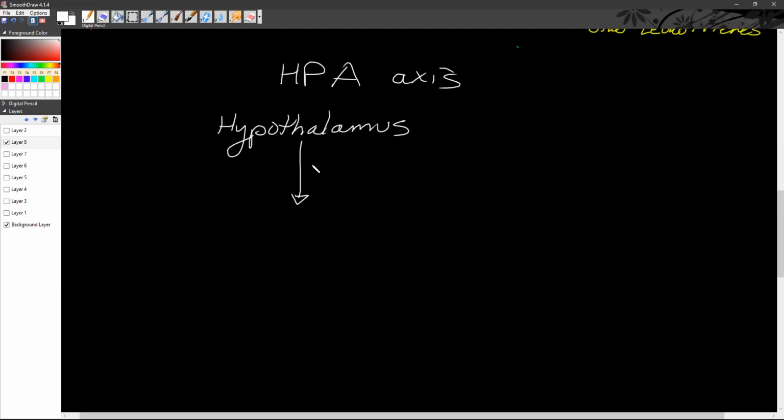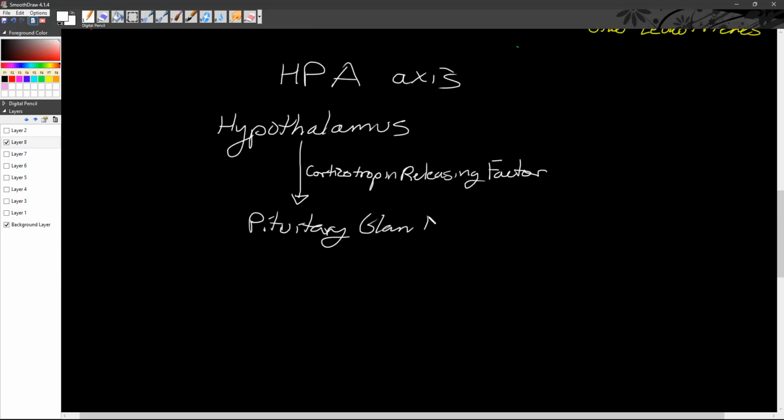So it releases something called corticotropin releasing factor, my bad, and this works directly on the pituitary gland. The pituitary gland is like a big factory whose job is to create adrenocorticotropic hormone.